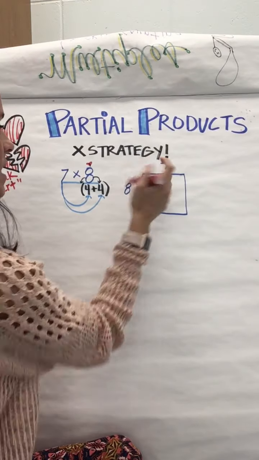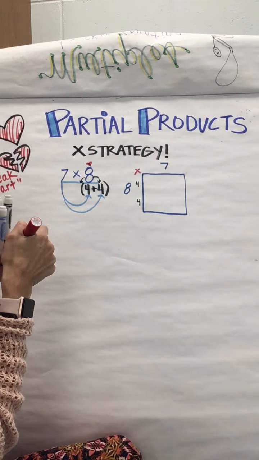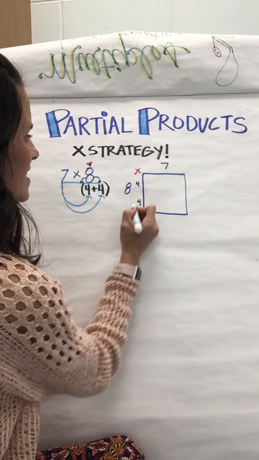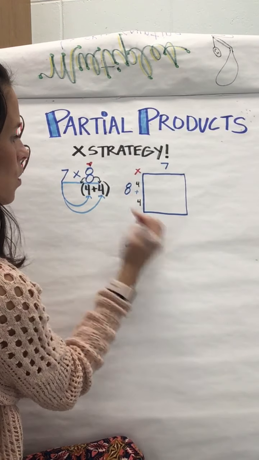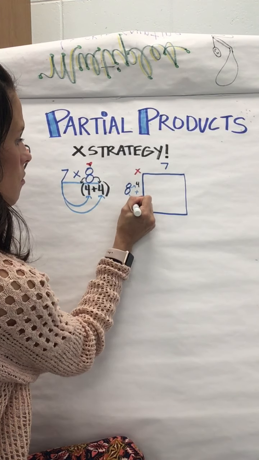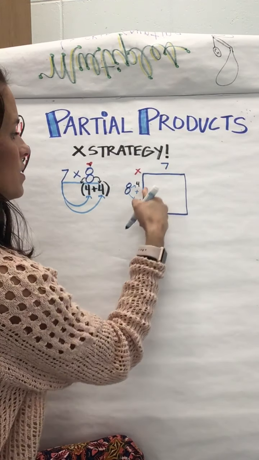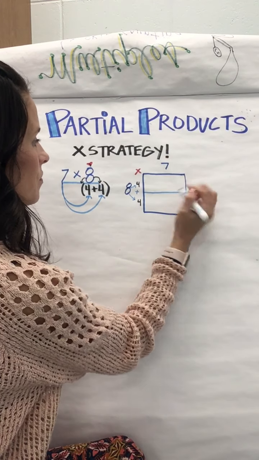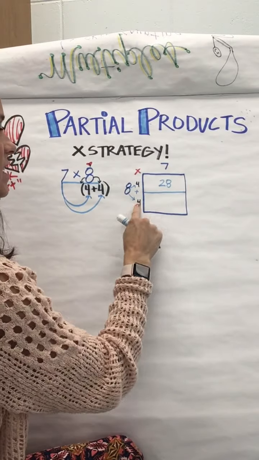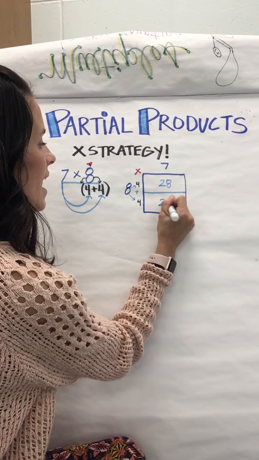We're multiplying 7 times 8, so I like to put my multiplication symbol. But instead of 8, 4 plus 4 equals 8. So we broke it up. 7 times 4 here is 28, and 7 times 4 here is 28.